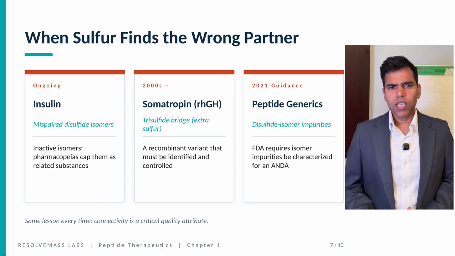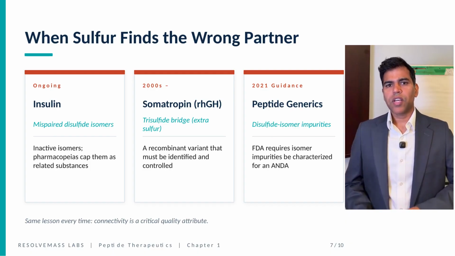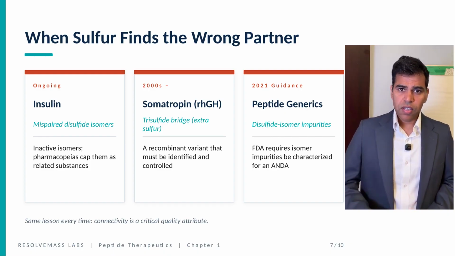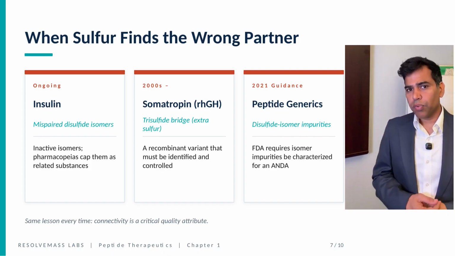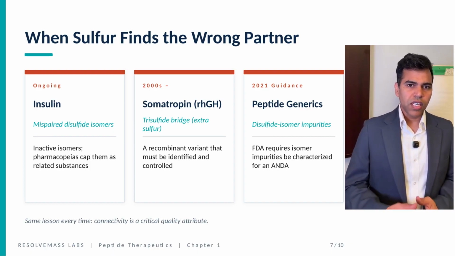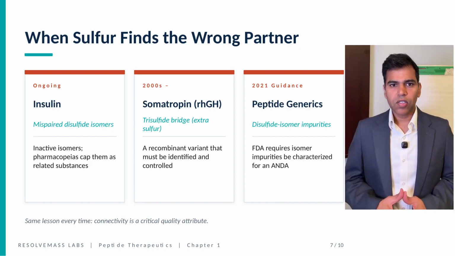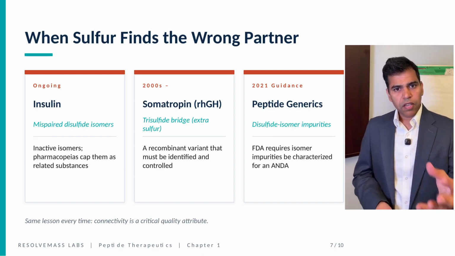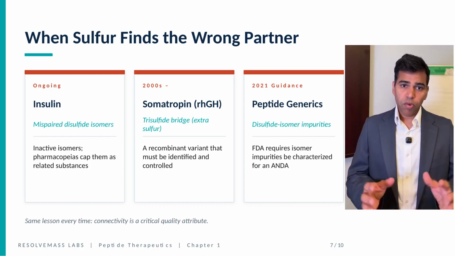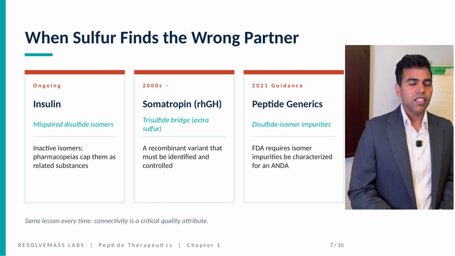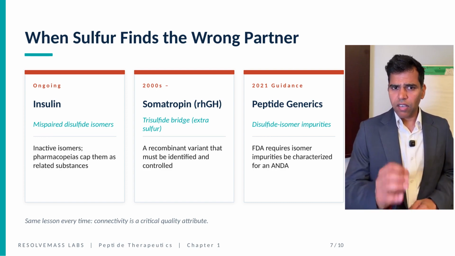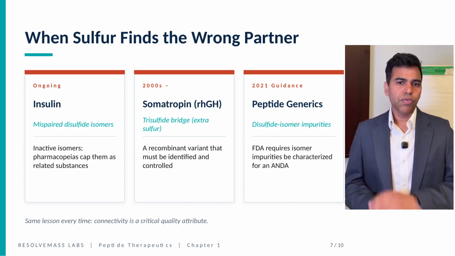Since 2021, FDA guidance requires sponsors to characterize disulfide isomer impurities before an ANDA is approved. At Resolve Mass, we have helped sponsors chase one unexpected isomer peak that became a control strategy rewrite and delayed filing. The molecules differ, the lesson is identical. Disulfide connectivity is a critical quality attribute, not a footnote.